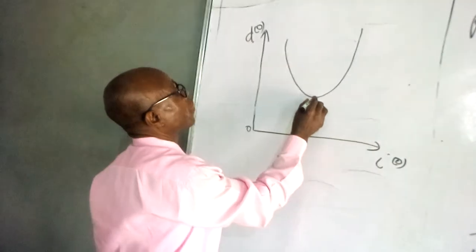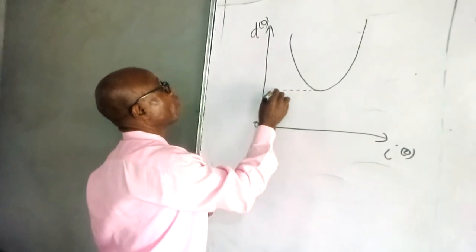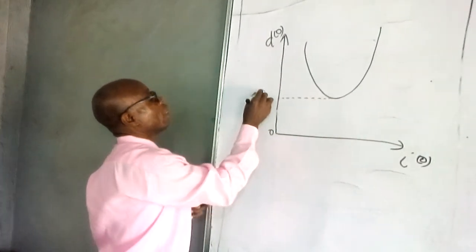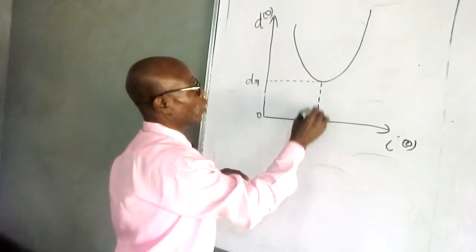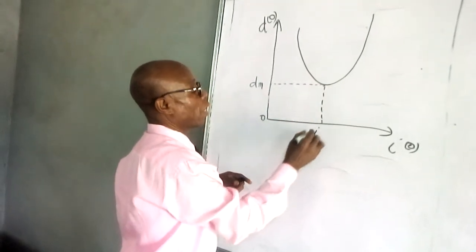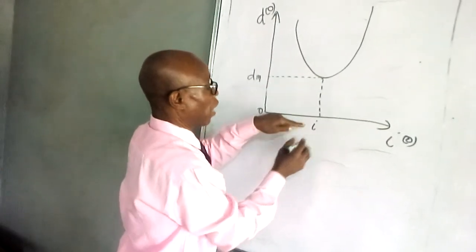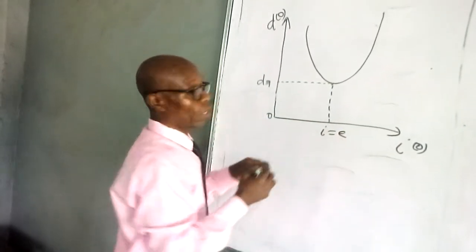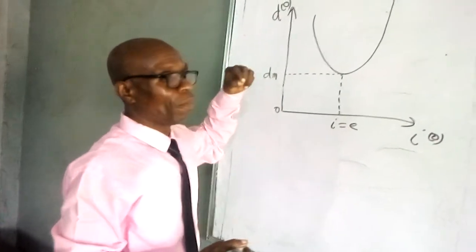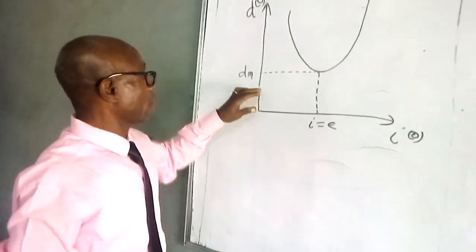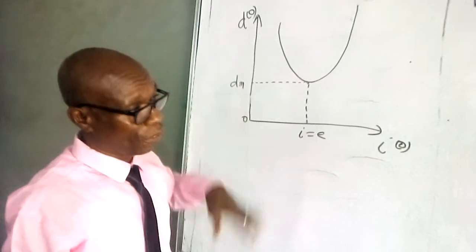And this very point, when traced to this point, the angle here is dm. And this other angle here, this position is I. The corresponding value of I will be equivalent to E. So dm is the angle of minimum deviation, which is the least angle we can obtain from this graph.